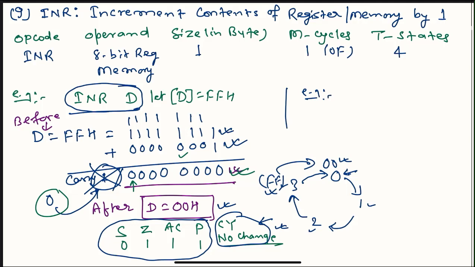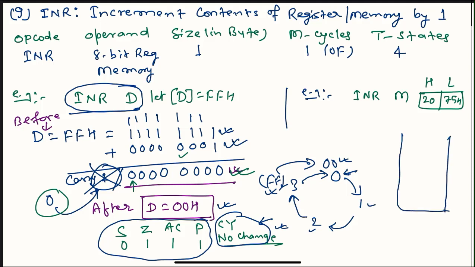For example, if I write here INR M, and if this HL pair has the content 2075H, then in this memory chip, this is the address of this location, 2075H. Let's say the content at this place is 25H.